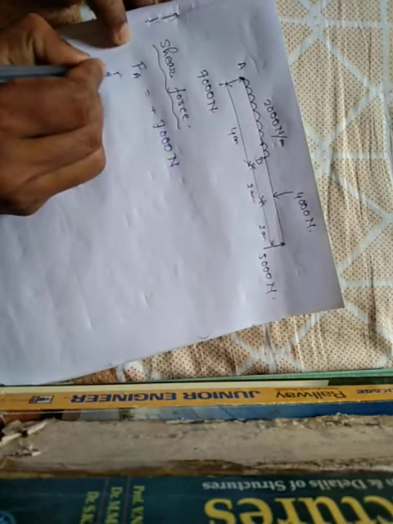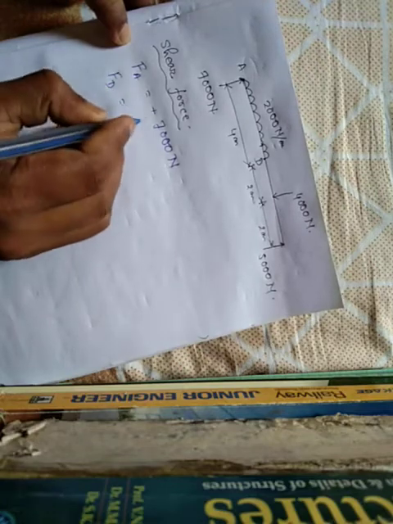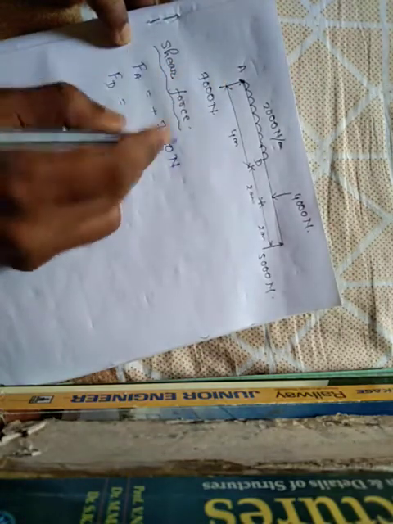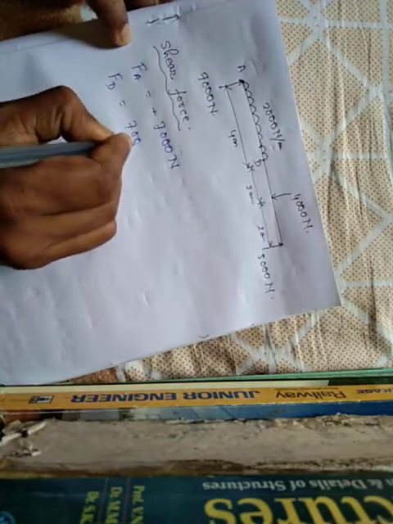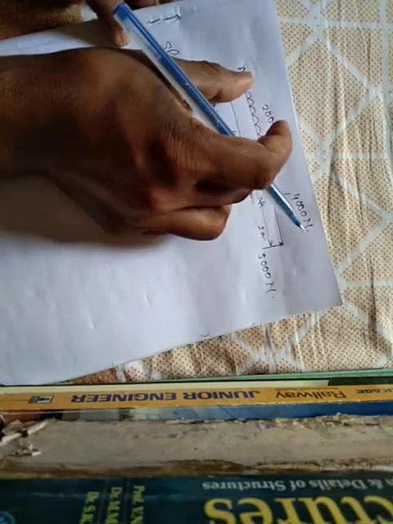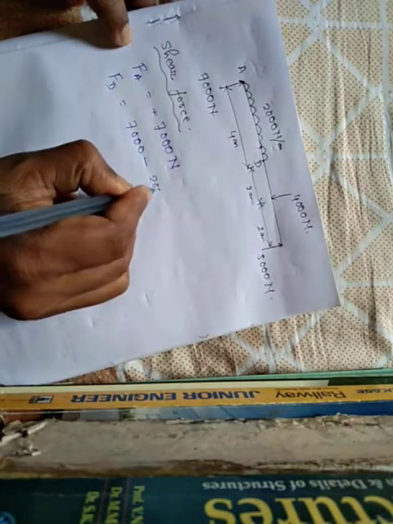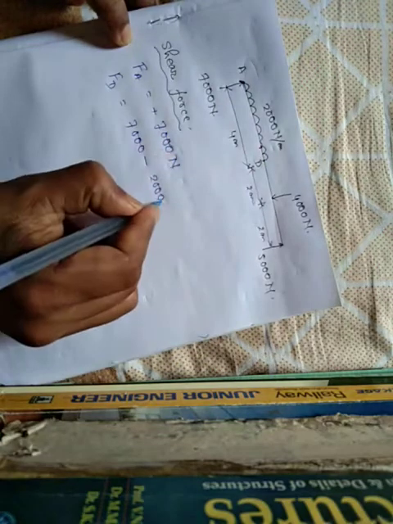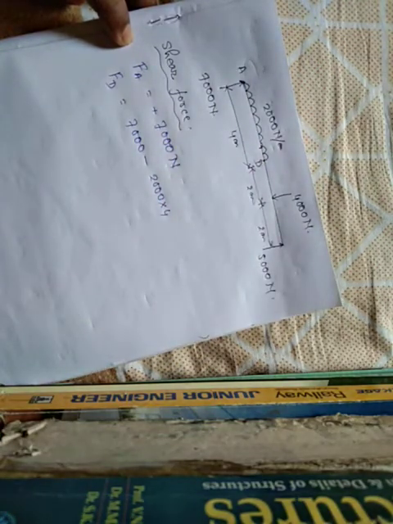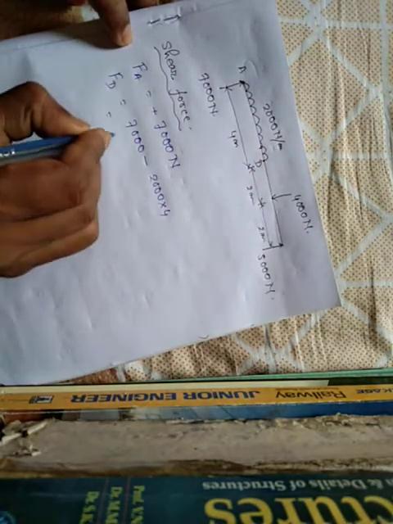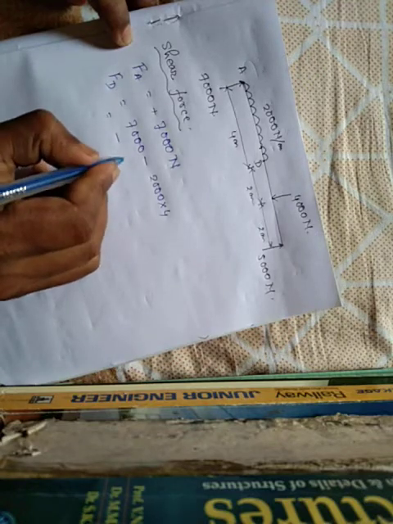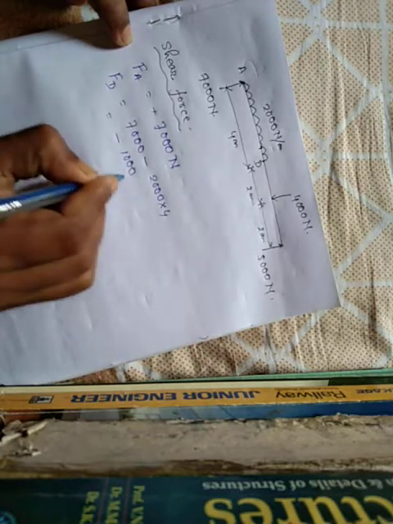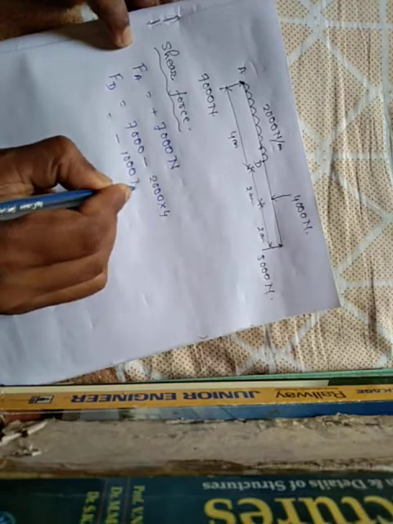The shear force at point D is equals to shear force at point A, 7,000, minus uniform distributed load 2,000 into up to 4 meter length into 4. So minus 1,000 Newton.